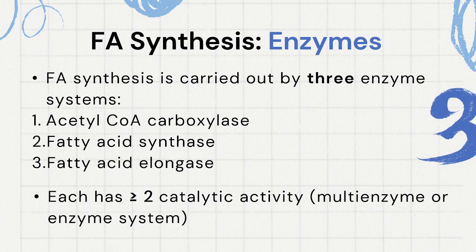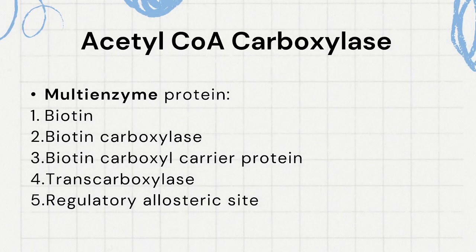Fatty acid synthesis is carried out by three enzymes. Actually, they are called enzyme systems because each one of them has two or more catalytic activities, so it is a multi-enzyme. These include acetyl-CoA carboxylase, fatty acid synthase, and fatty acid elongase.